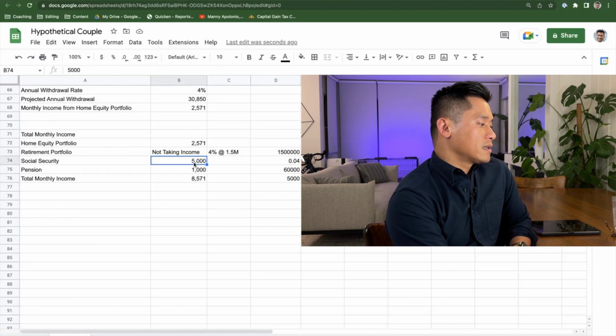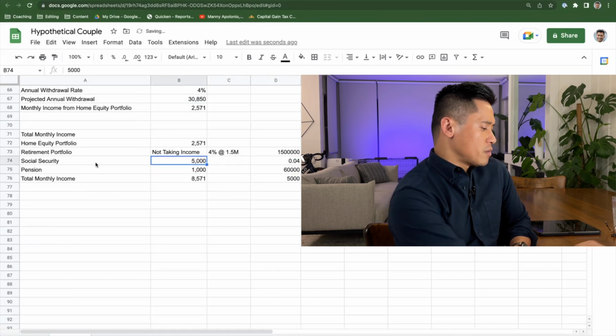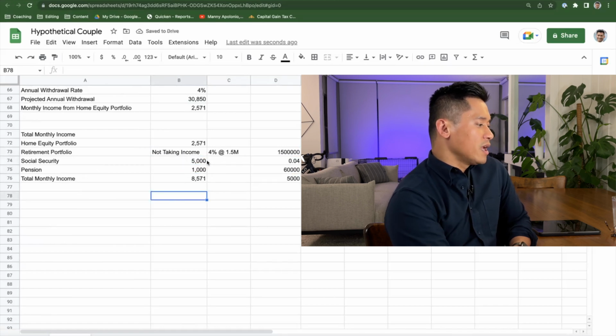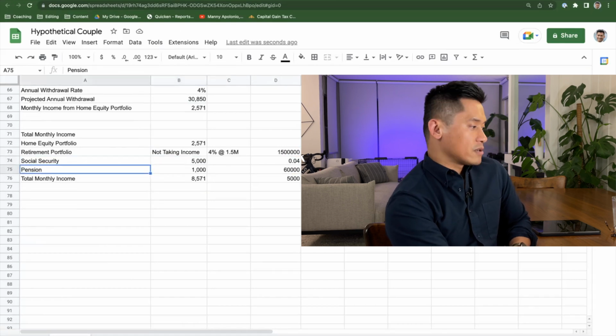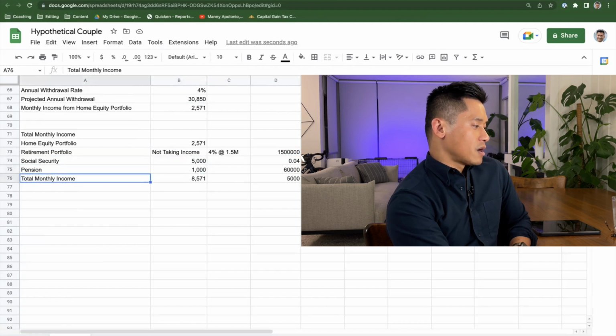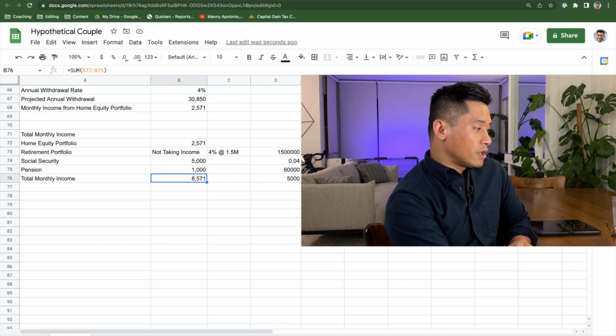They both had careers, and so they're going to take Social Security income, and there is a small pension. Going back to our example here, Social Security is going to be $5,000 a month, and then their pension is $1,000 a month. Okay, so I think earlier I said something like the couple needs about $9,000 a month to meet their living expenses. They're pretty close.